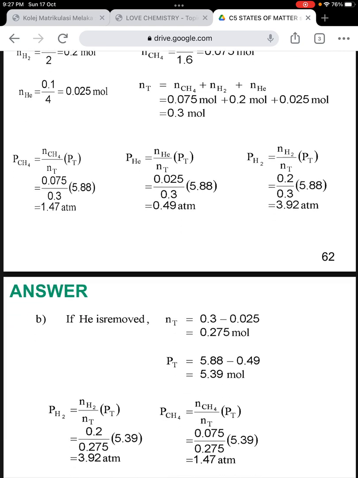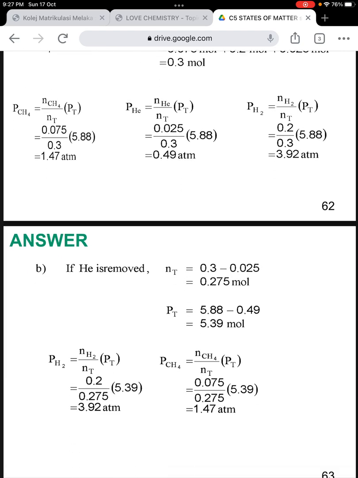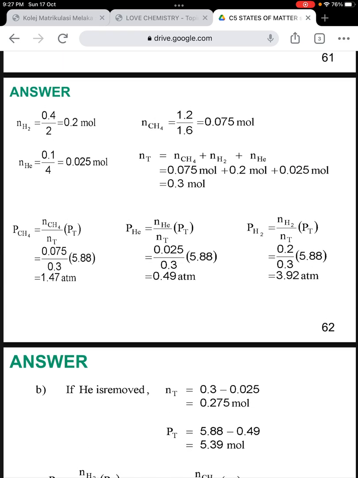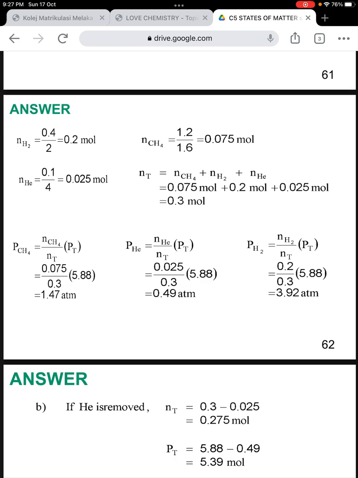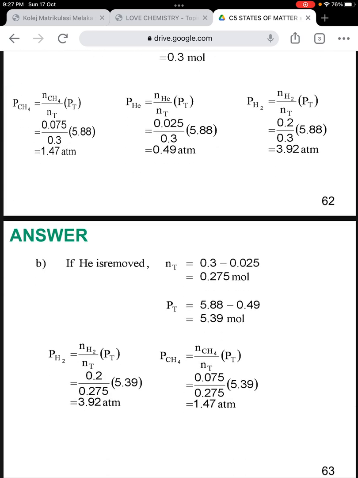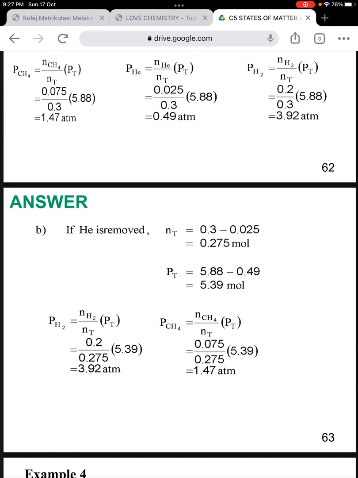Helium is 0.025. So the new total mole is 0.275 mole. How about P total? P total just now is 5.88. If we remove helium, that means 5.88 minus 0.49. That is 5.39 atm. Therefore, we can calculate the new partial pressure of hydrogen and CH4.